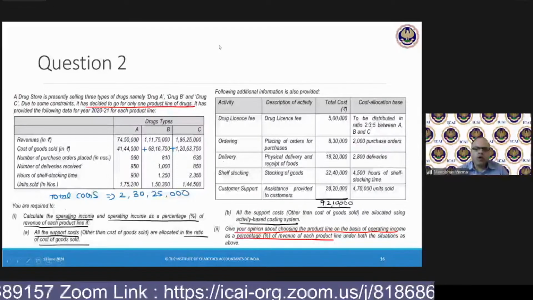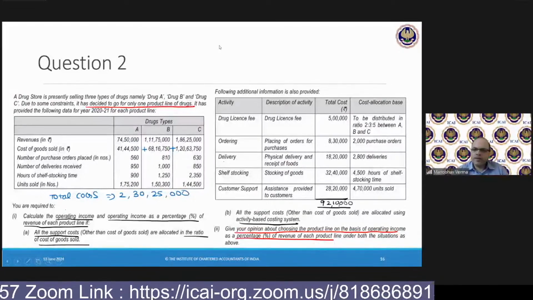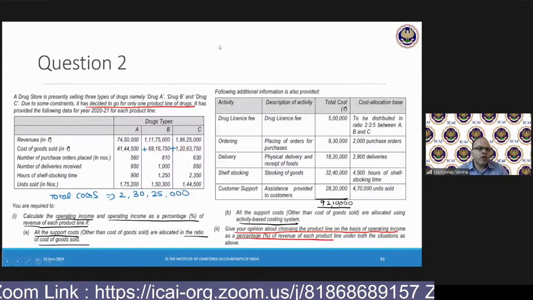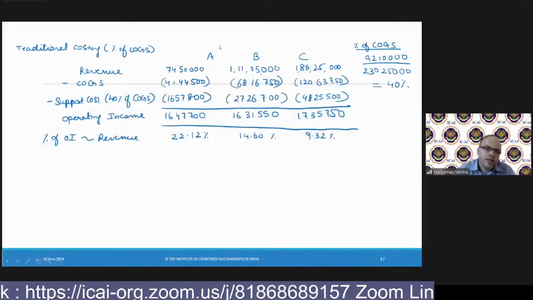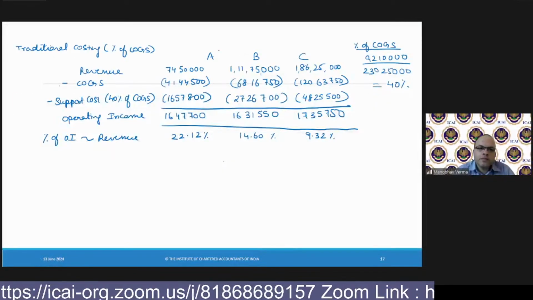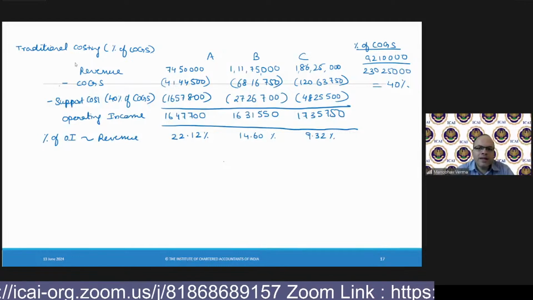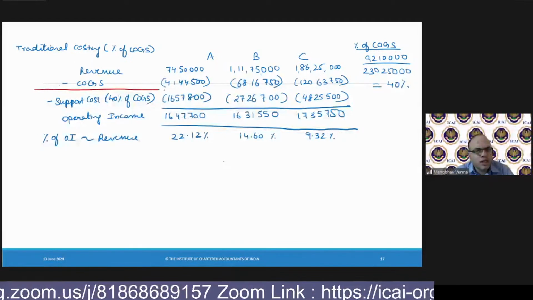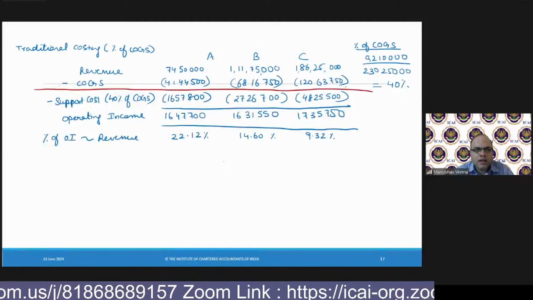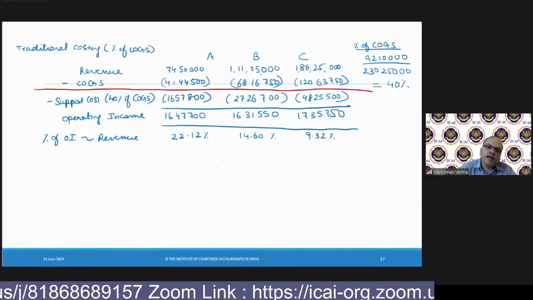We're talking about based on 2 is to 3 is to 5. So we have to allocate these costs between A, B, and C based on the ABC system. So let's do that quickly. I think what will remain the same are these two sections. So we can freeze these two sections here if you guys are okay with that. Revenue and costs is all okay.